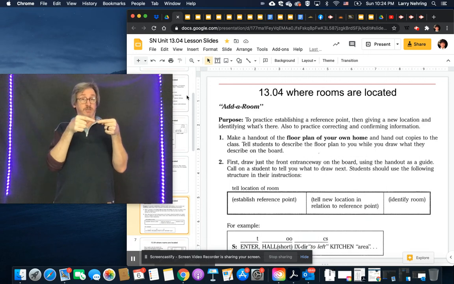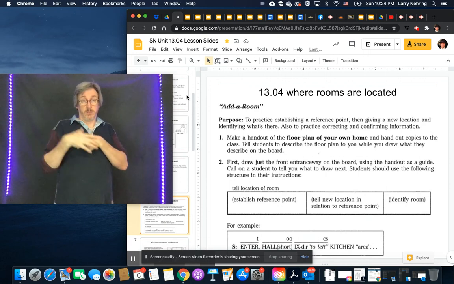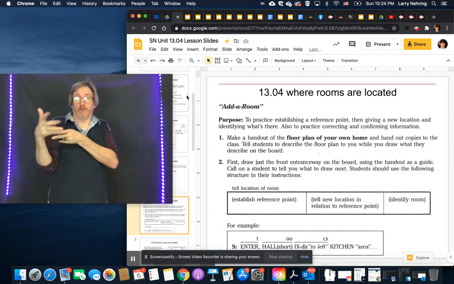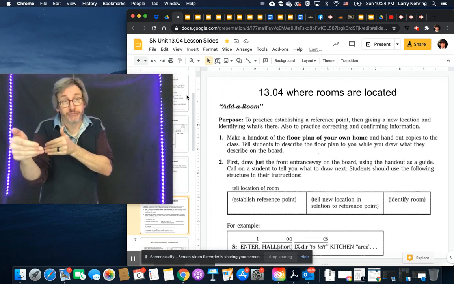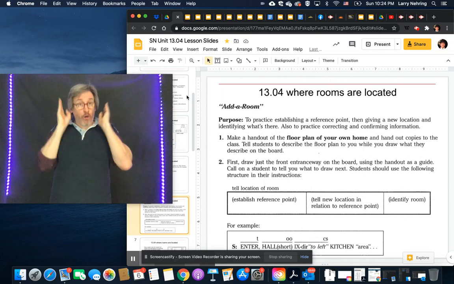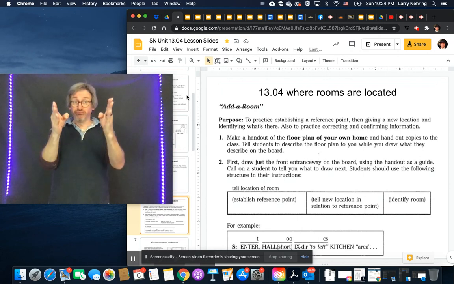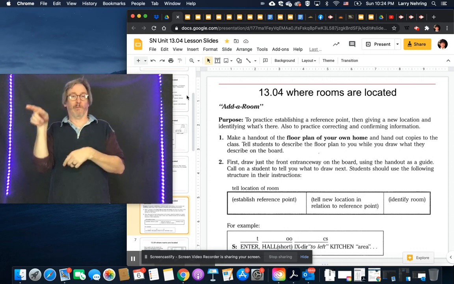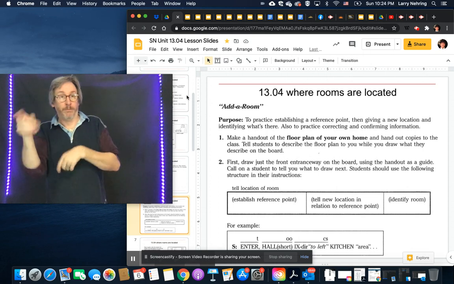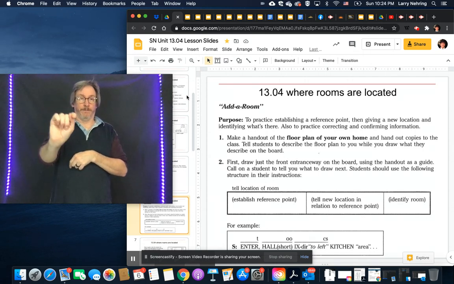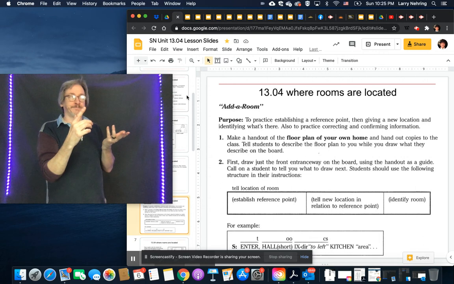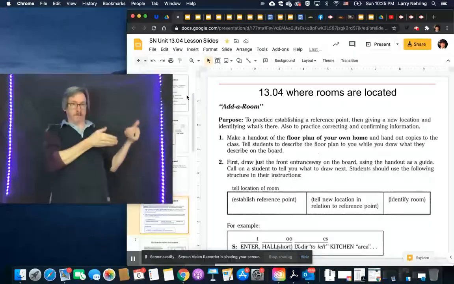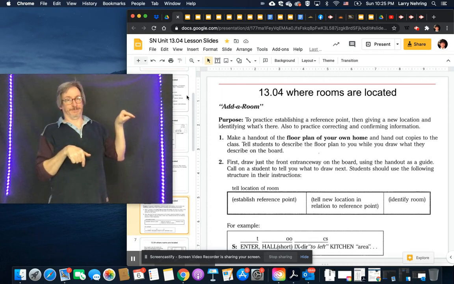We did this with directions, right? Across from, or next to. The next room, there's a hallway. Maybe a hallway on the right, a hallway on the left, stairs.